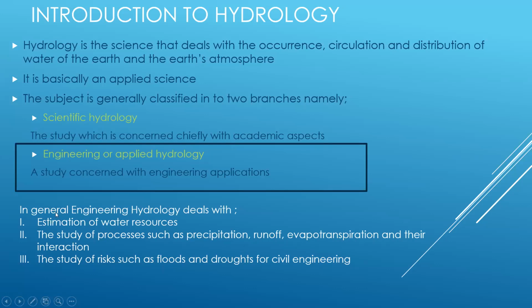We will be concentrating on point number 2 in sessions 4 and 5, and point number 3 in the initial sessions 2 or 3. Then we will be talking about groundwater in coming lessons.